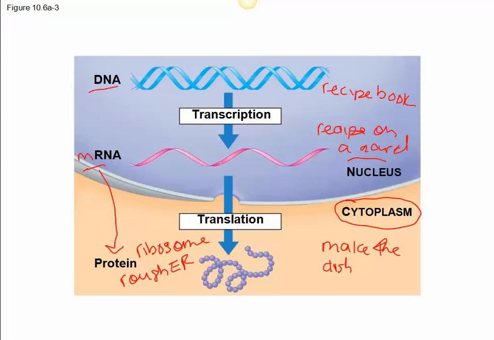This message tells us how to actually make the protein, which will basically give us things like our eye color or hair color. And so in our analogy, translation again is now preparing the actual dish, putting the dish together based on the information written down on our recipe card, which was our messenger RNA, and that messenger RNA came from the entire recipe book, which was DNA.